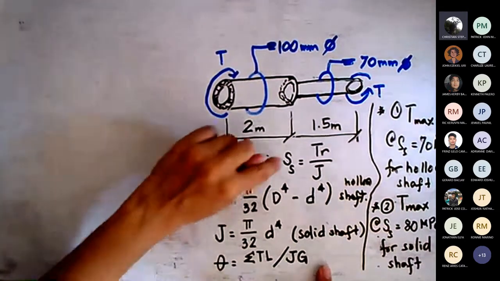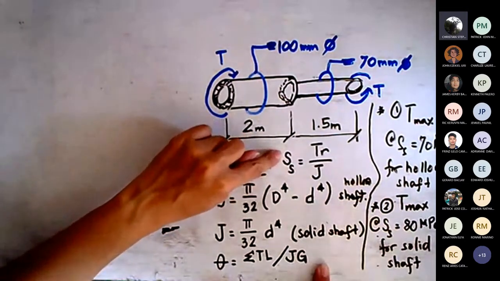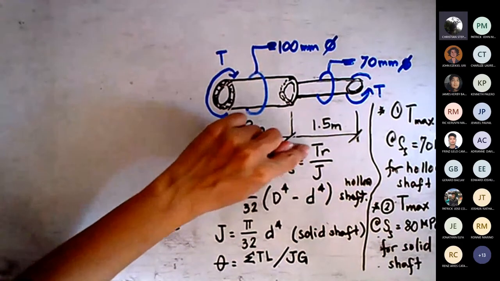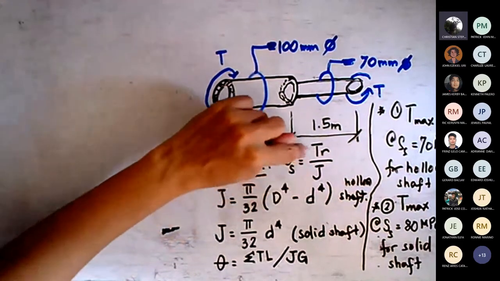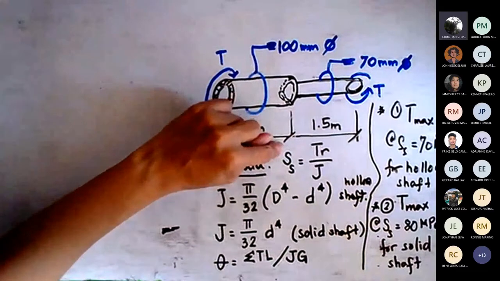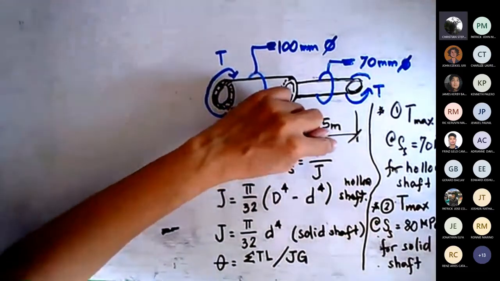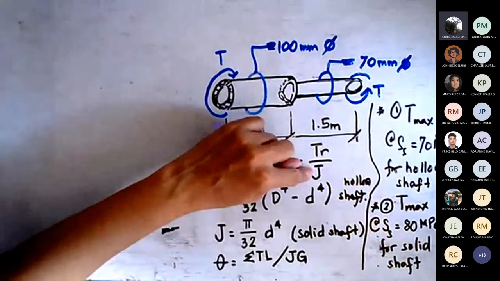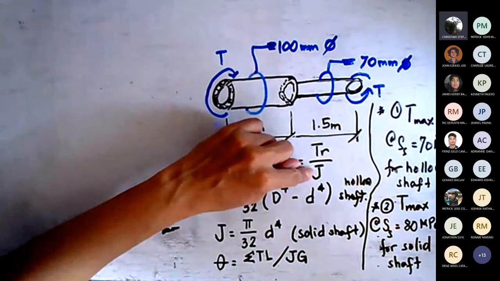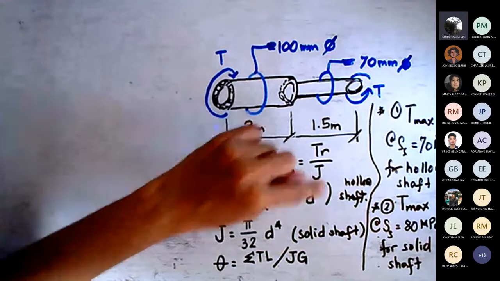Ulitin natin itong formula. This is the formula for shearing stress. TR over J. Wherein S sub S is the shearing stress, T is the torque, R is the radius, J is the polar moment of inertia.